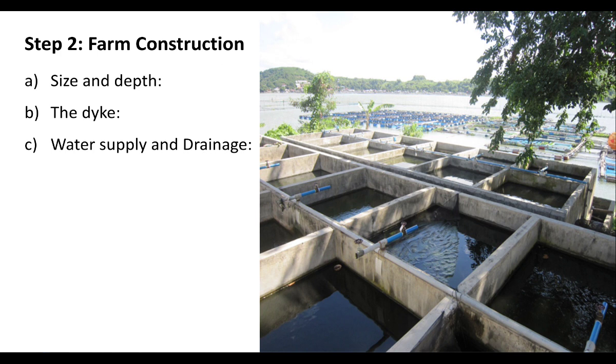The constructed pond should have the capacity to hold at least 1.5 to 2 meters of water inside, where the bottom of the pond needs to be sloped towards the drainage point, that is the dike, where the drainage system should be designed carefully to prevent mixing of outlet water with the incoming water.